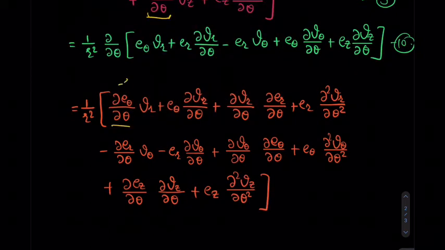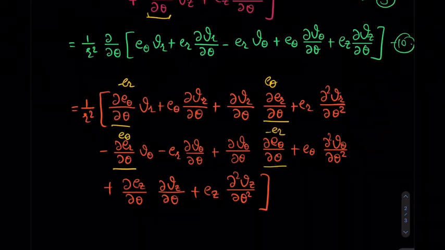Okay, this term is negative er, this term is e theta, then over here we have again e theta, this term is negative er again, and this term is 0.